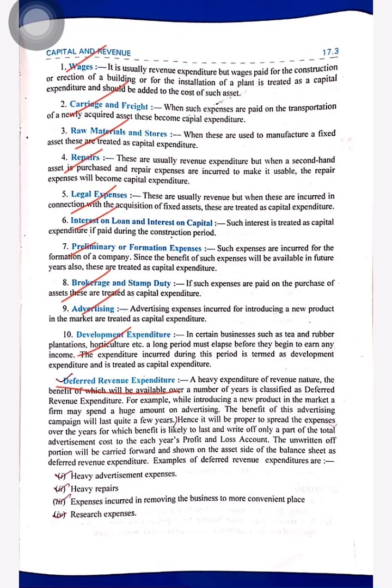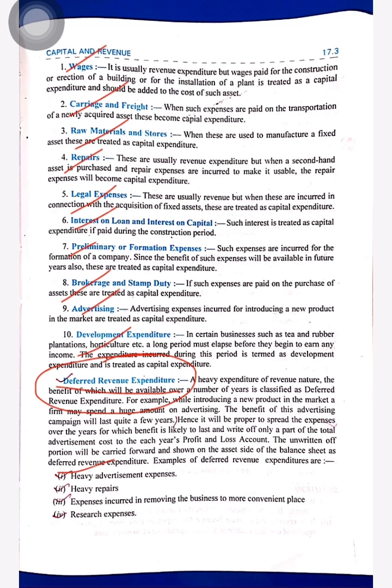They are actually revenue expenditure, but we treat them like capital expenditure, because if we treat the whole amount in a single time, there will be a lot of impact on our profit and loss account and balance sheet. Second thing, deferred revenue expenditures help us in upcoming years too. They not only help us in the current year, they help us in the upcoming years too. So this is treated as deferred revenue expenditure.